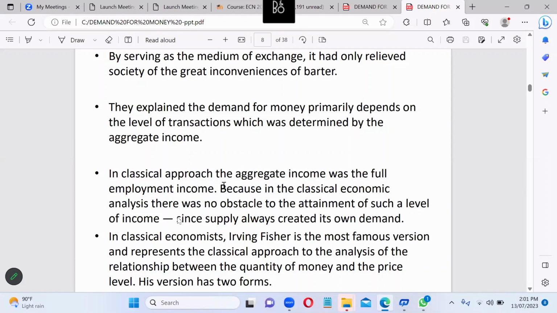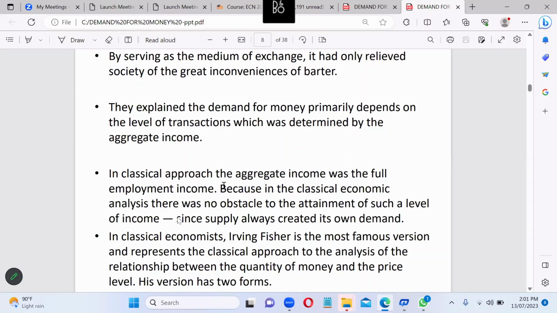Did you understand? Once we go to work, after the month end we get salary, then we have money in our hand. Otherwise, without income, we can't hold money and can't create the demand for money.